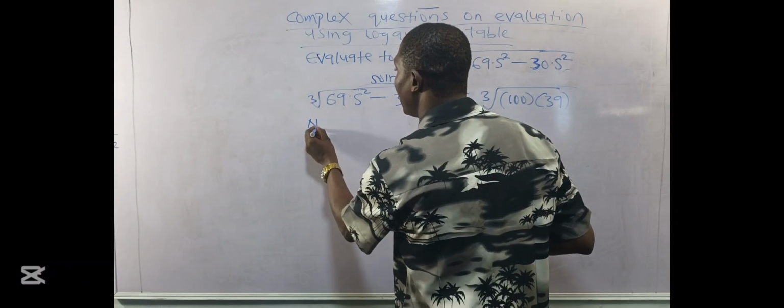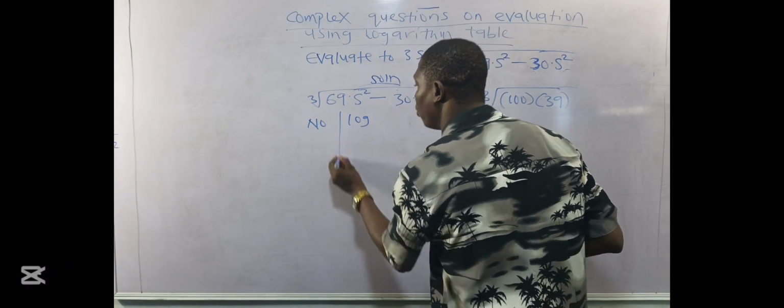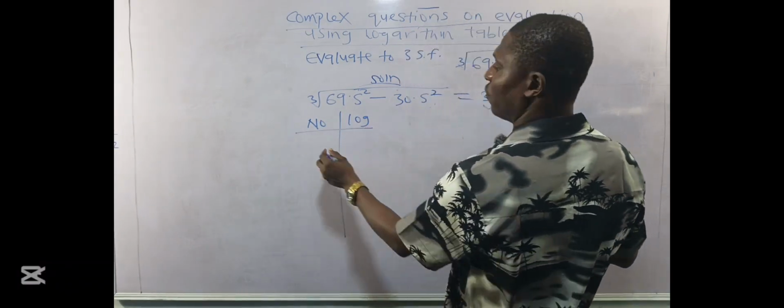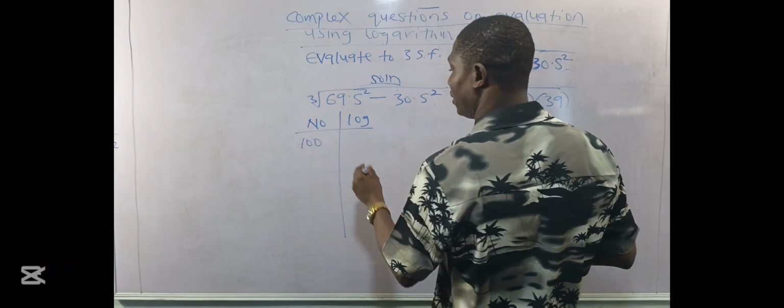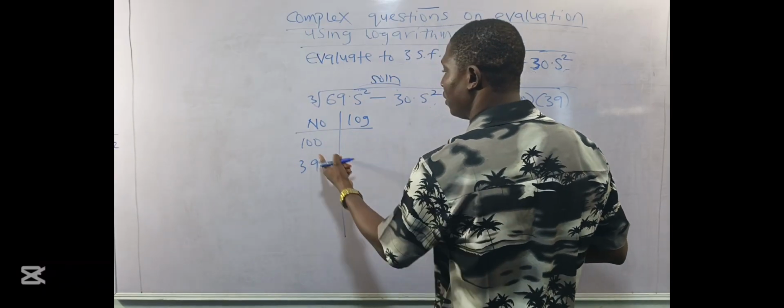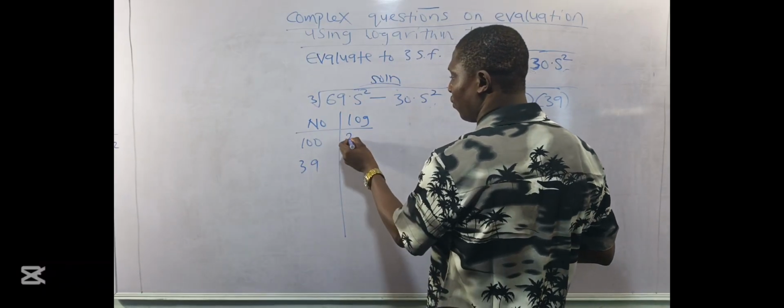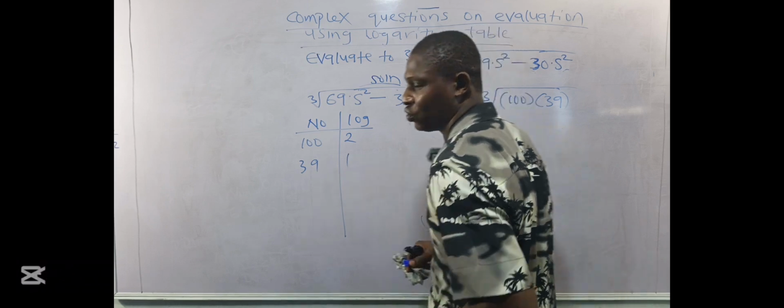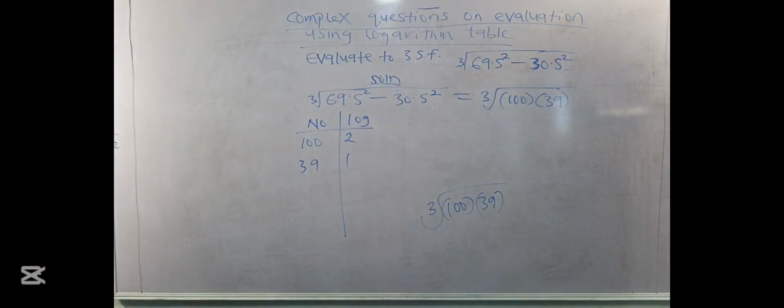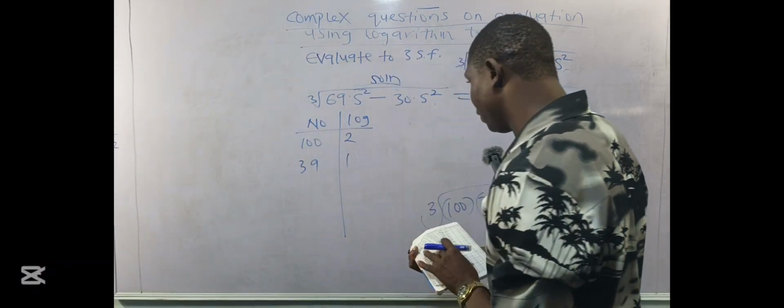So we have our number and we have our log. Now we have 100 and we have 39. 100 will give me a characteristic of 2, and 39 will give me a characteristic of 1. And I'll check 10 under 0.